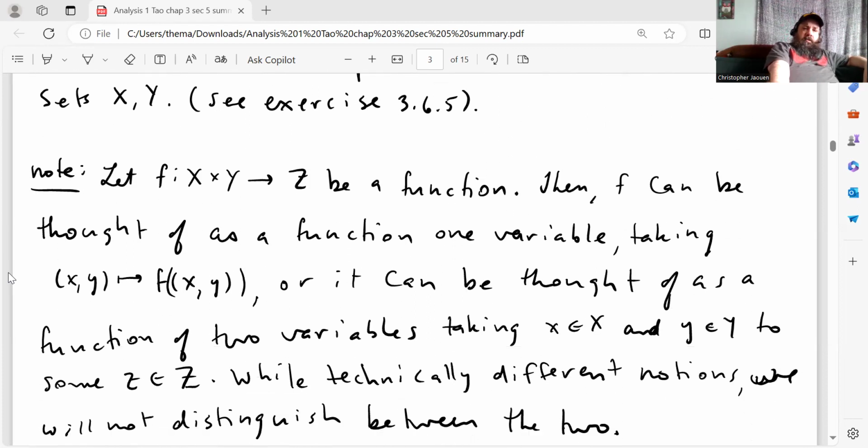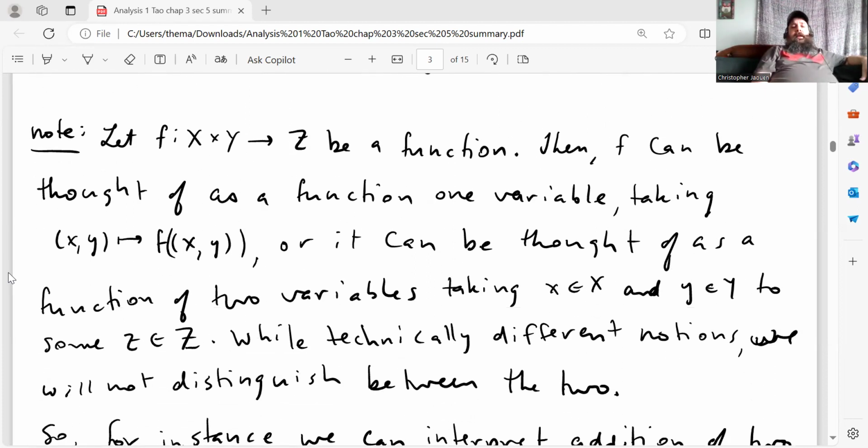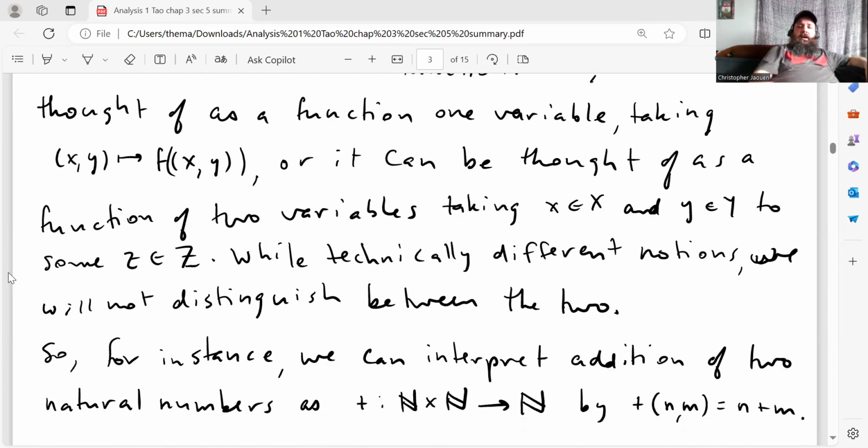All right, another note. Let f from x times y to the set z be a function. Then f can be thought of either as a function of one variable. In other words, you take the element of x times y, x comma y, and the function takes that to the element in z that we call f of x comma y, or it can be thought of as a function of 2 variables, taking x and y to some z.